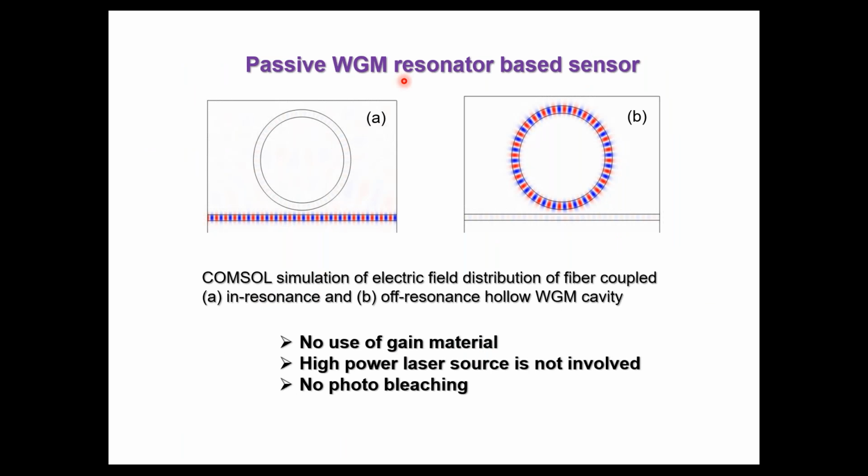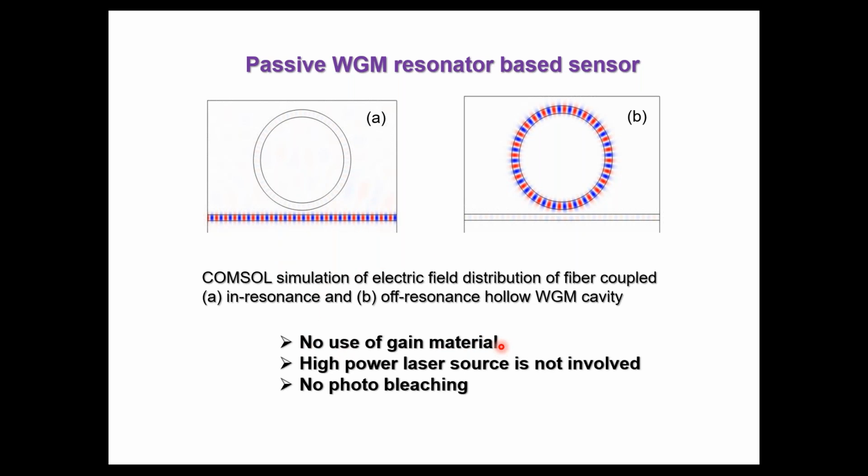So this is a passive WGM resonator based sensor. Passive means this is the fiber, and it simply couples light into the cavity. The cavity does not act as a laser. It simply couples light from here to here. It cannot emit any laser. This is a COMSOL simulation.